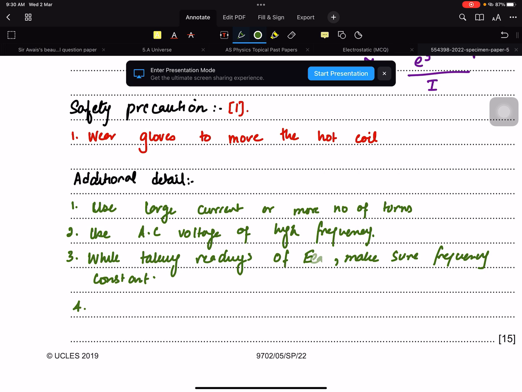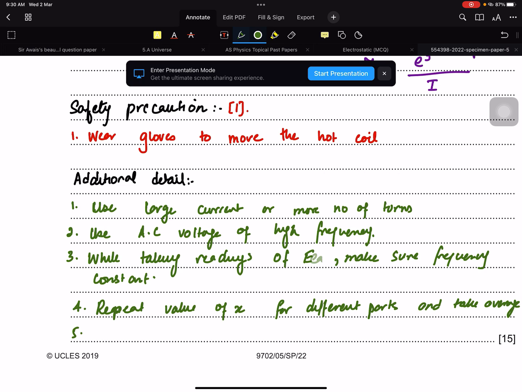So make sure that. If I were you, then I would also write that repeat value of X for different parts, because of course you're moving it, so there might be something wrong, and take average.